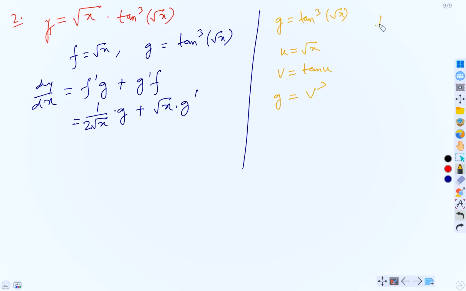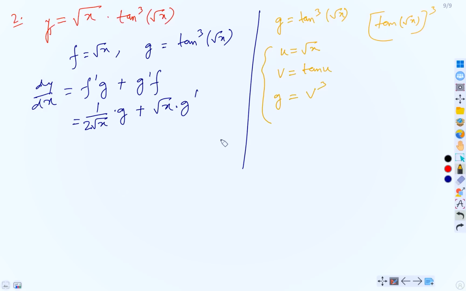Because you can write this in this way, right? Tan square root x. Basically, you will start from the beginning, I mean, from the smaller, which is completely inside. So, how can you define this function?